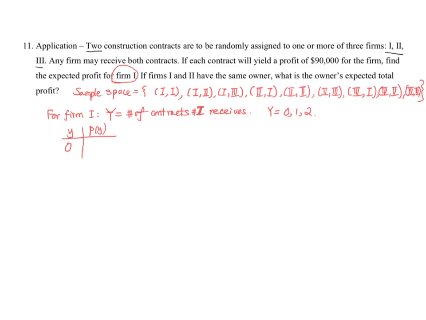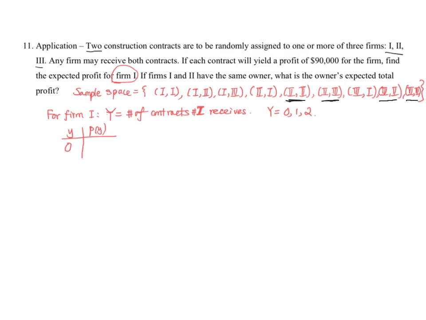When firm number 1 receives 0 contracts, let's see through here. This is the first case where no firm number 1, so let's highlight that. This is the first case, and if you read through, this is the second case, this is the third case, this is the fourth case.